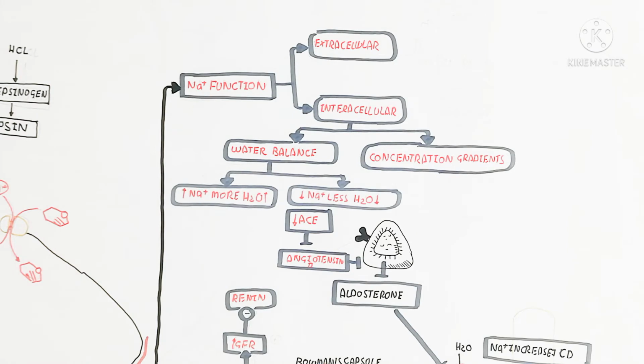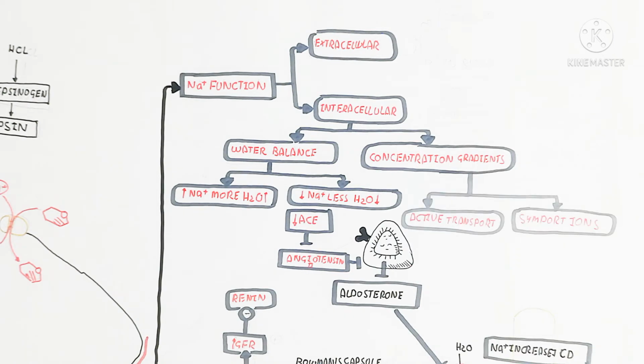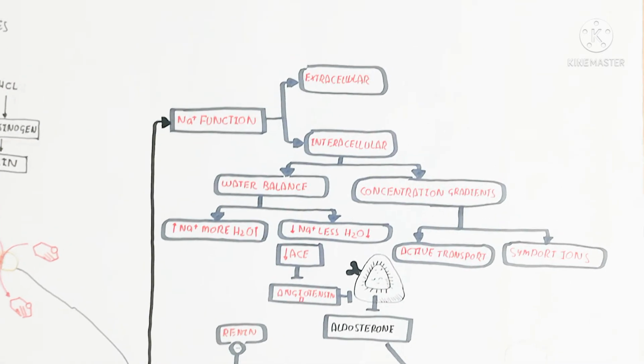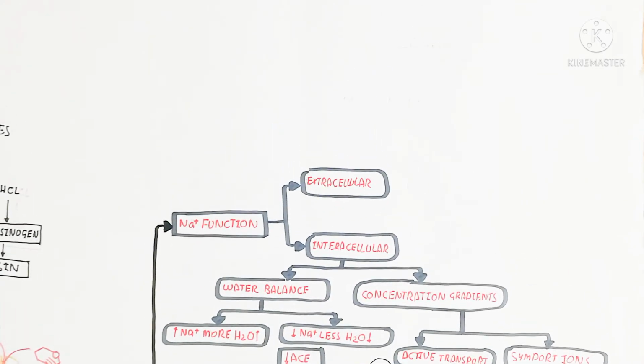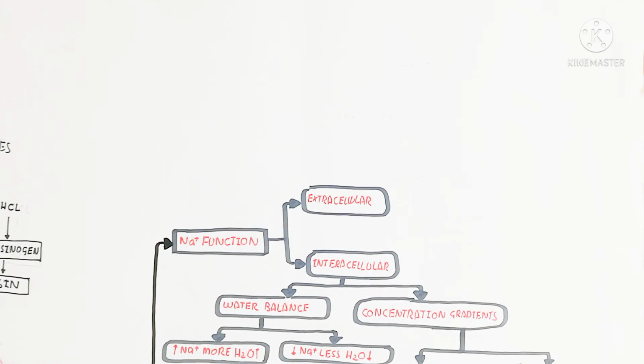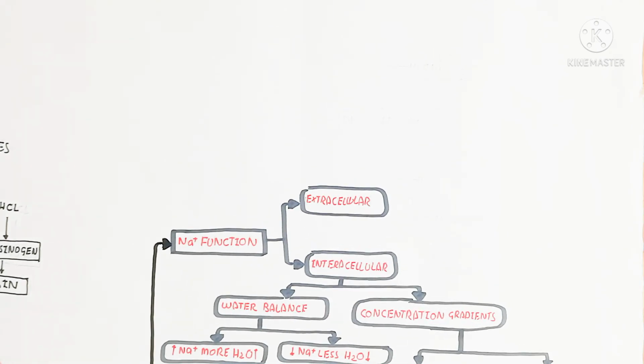First of all, intracellularly, water balance and concentration gradient: when the sodium is more, the water will be more, which means water retention in the cell, and when the sodium is less, the water will be less. The concentration gradient means active transport and symport of ions will occur due to the sodium in the intracellular space.